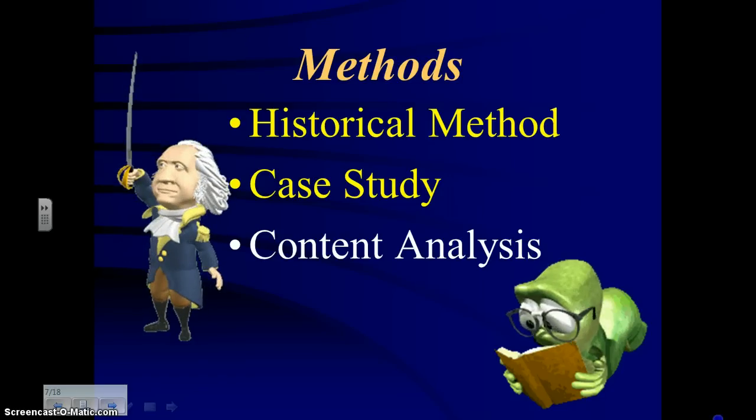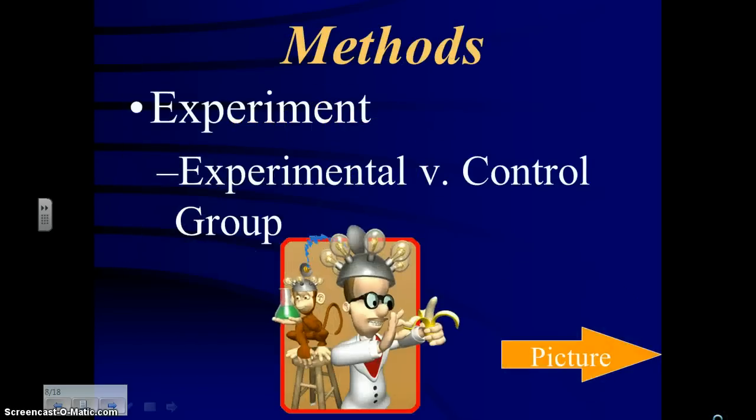Okay, now the last thing that we'll take a look at is experiments. Sometimes researchers may wish to artificially create a situation that allows the researcher to manipulate the independent variable pretty easily. So if you're going to do an experiment, it needs to be as objective as possible.